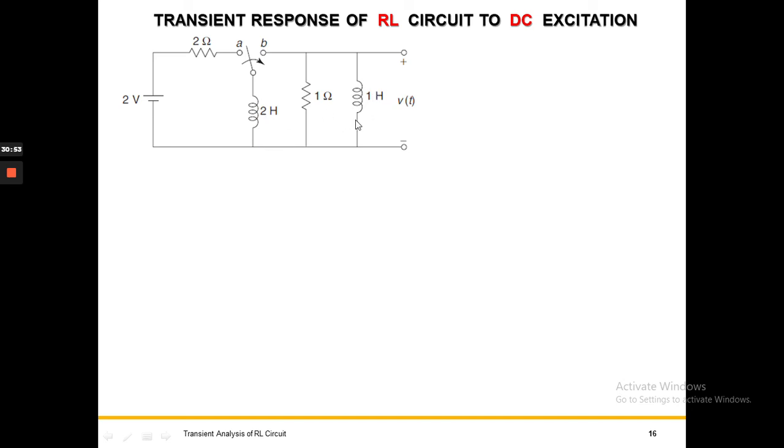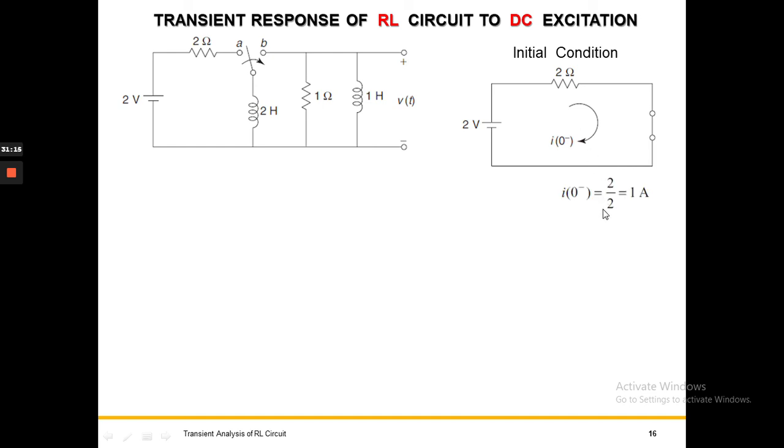Okay, so before t is equal to 0, the switch is in position A. So evaluate that initial condition. In position A, the inductance is going to act as a short circuit for DC. Okay, so there is an initial current, that is 2 volt divided by 2 ohms. Okay, 1 ampere. This is the current at time t is 0 minus.